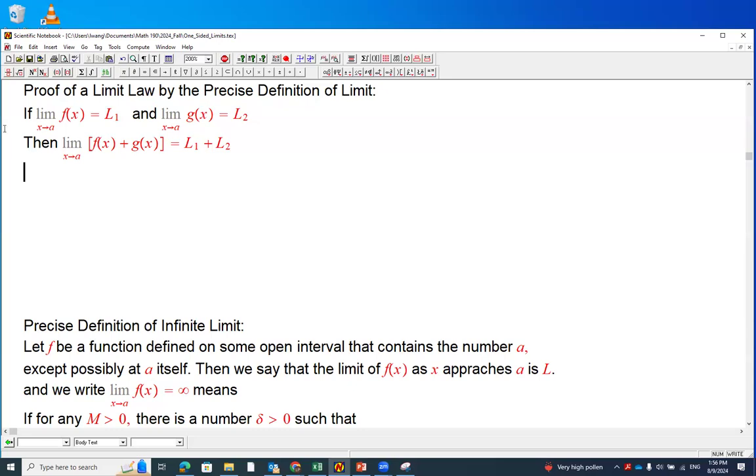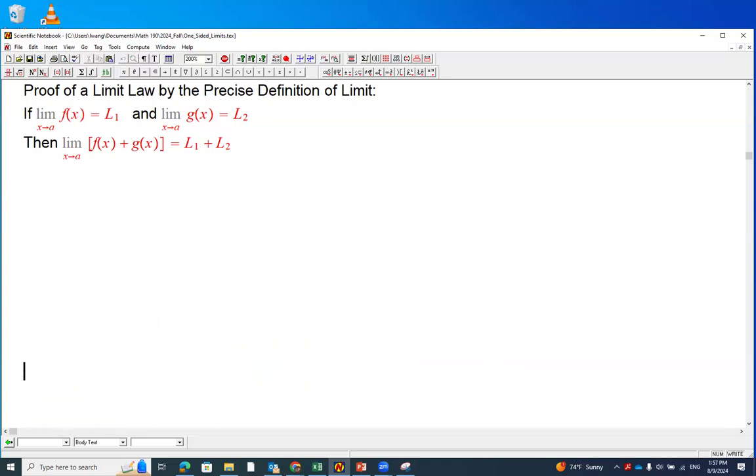The first limit law is, if the individual limits exist, then the limit of the sum also exists. So this time we're going to use the precise definition of limit to prove it.